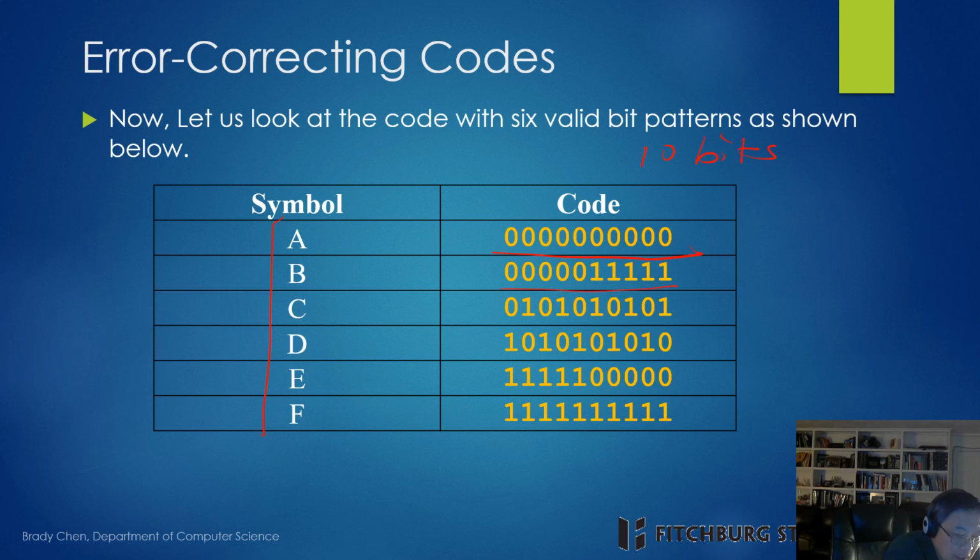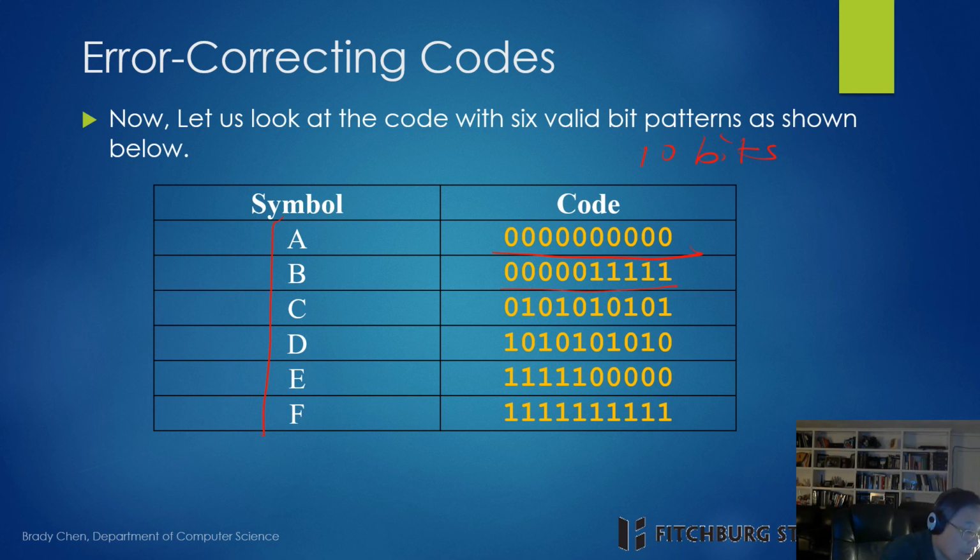Now if we look at all the bit patterns, do we find anything special? Compare with the ASCII code. Of course, the ASCII code uses 8 bits, but this one uses 10 bits. But the real difference is, if you take a look at the Hamming distance between any 2 of these letters, we find the distance is actually not small, right?